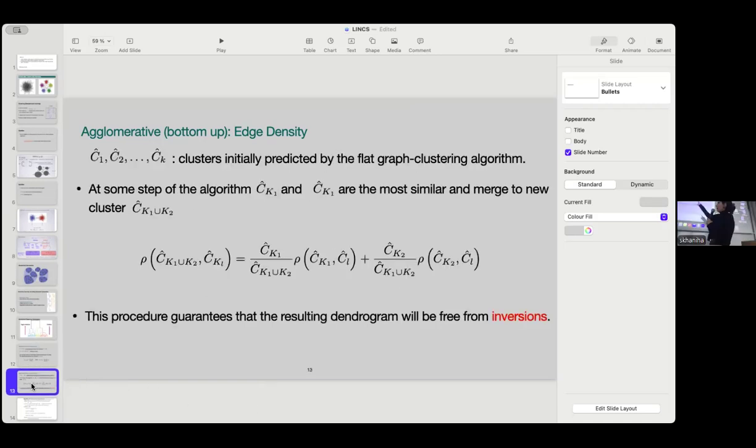So the fact that the new distance between the clusters is the average of the previous distances helps us to ensure that we don't have inversion in our clustering. Inversion means, when we cluster, what do we expect?